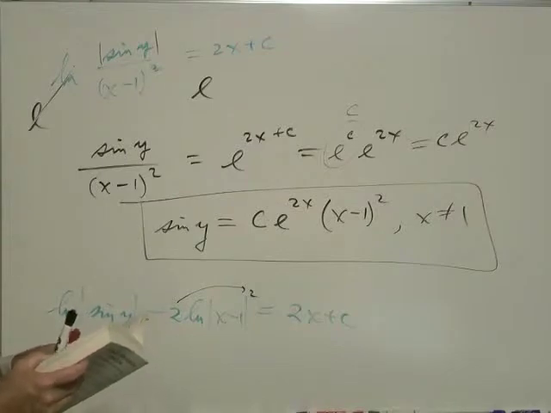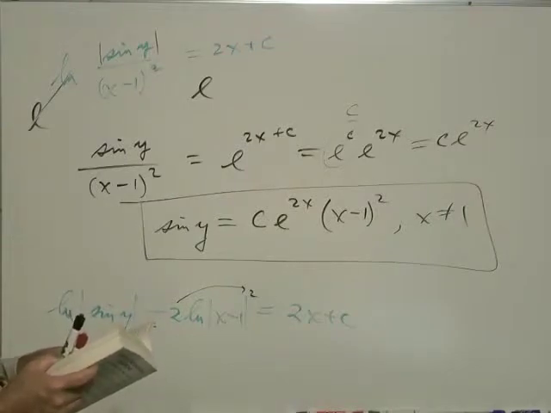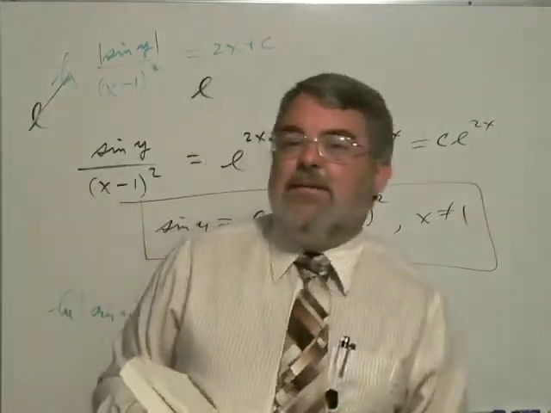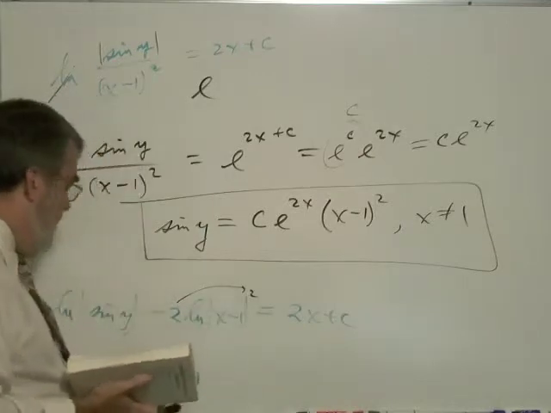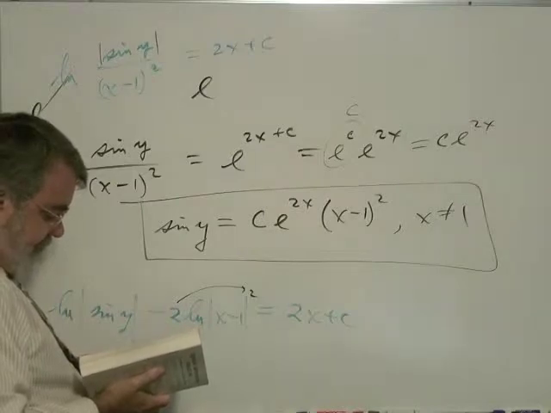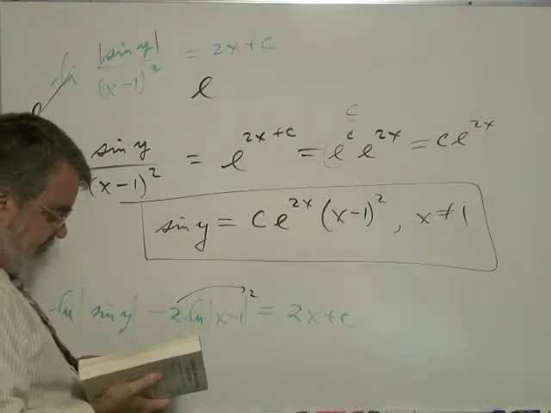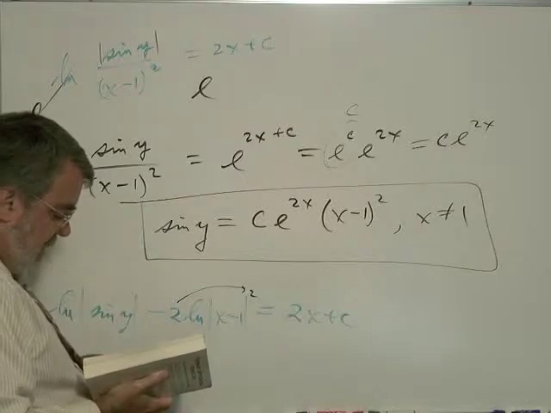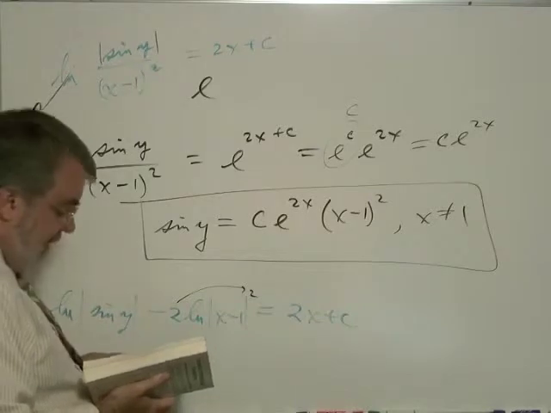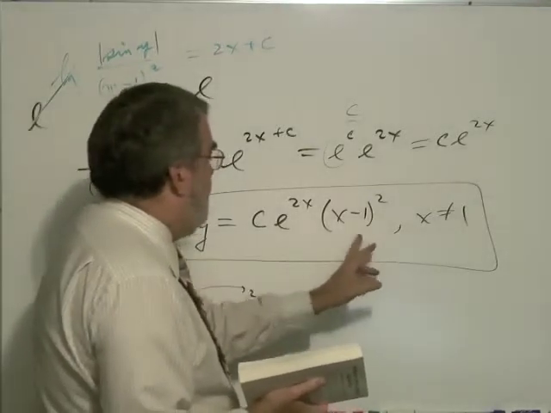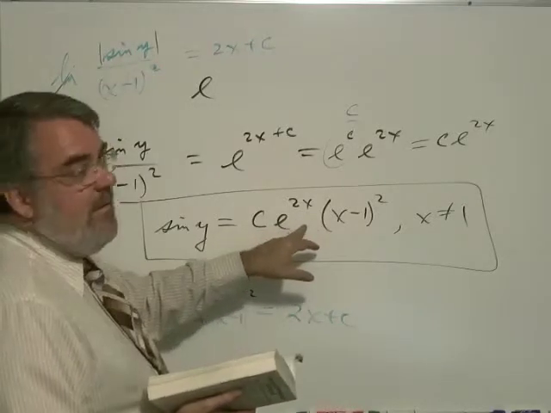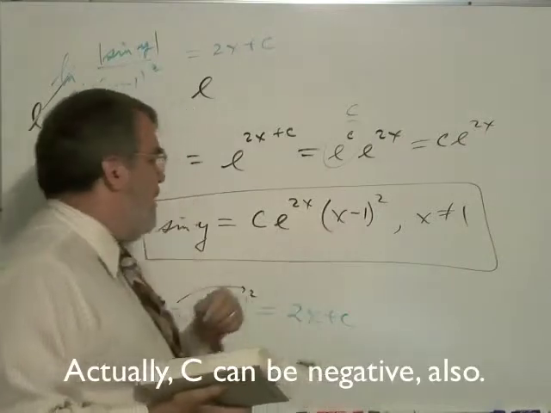My goodness, now where did that come from? I'm not sure I'm going to worry about it a whole lot. N times pi, you're looking at the answer in your book, n times pi is an integer multiple of pi. And, well, there we go, because if x is not equal to 1, this is positive, e to any power is positive, a constant is going to be positive, so this has to be a positive answer.